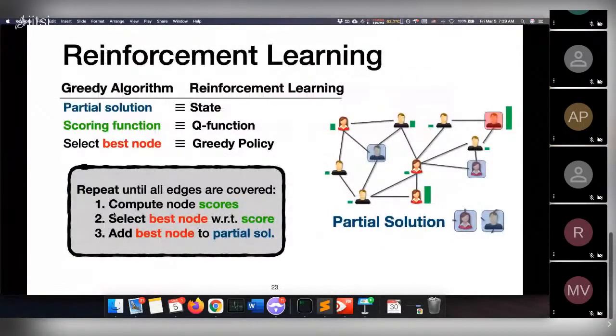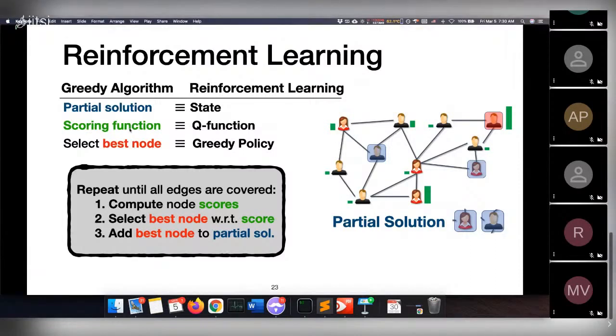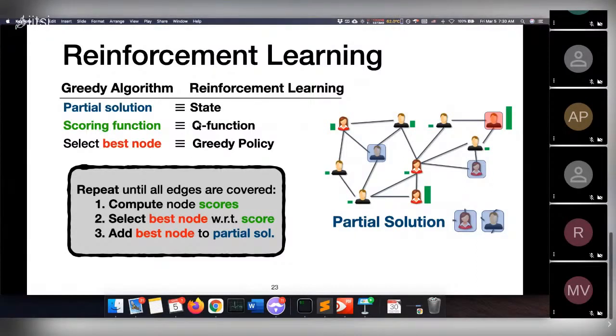So what's the reinforcement learning setting then? We think of the greedy algorithm and the reinforcement learning setting, and we're trying to establish a mapping between the two. In the greedy algorithm, a partial solution is very similar to the notion of a state in RL. The scoring function in a greedy algorithm, say, edges with the largest degree, is very similar to the Q function in reinforcement learning. It gives you some estimate of the goodness of a given action in your action space.